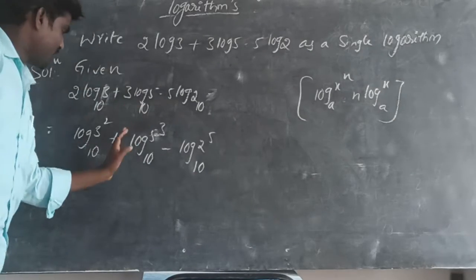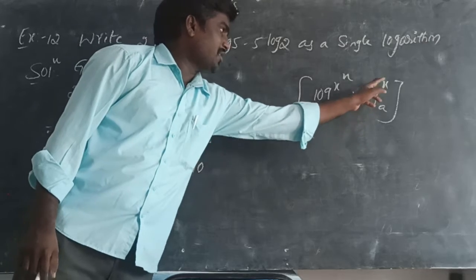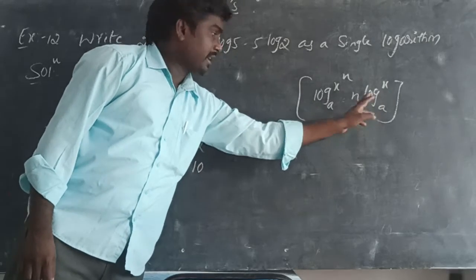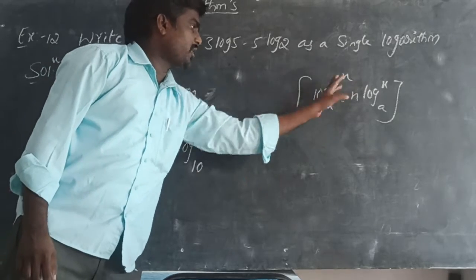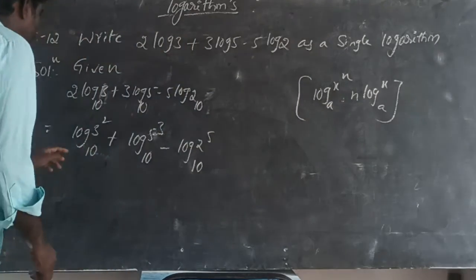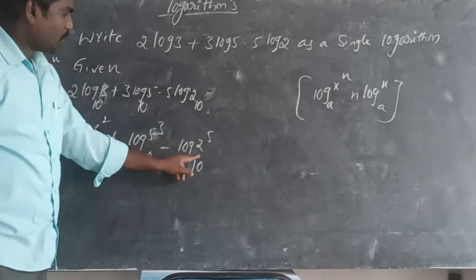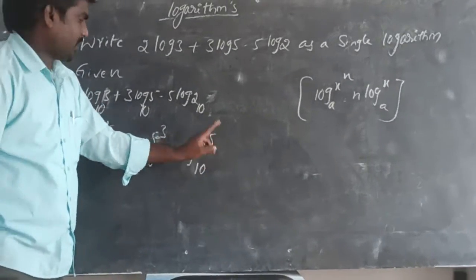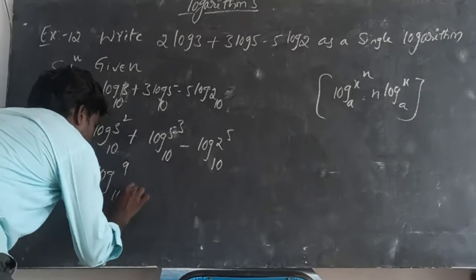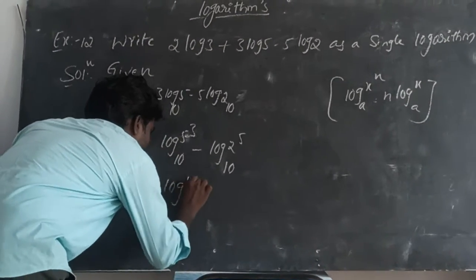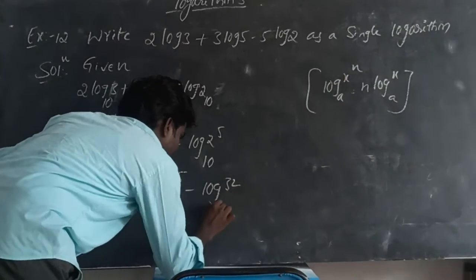Which formula can we use here? Log x power n base a is equal to n log x base a. 3 square how much? 9. 5 cube, 125. 2 power 5 how much? 32. So that is log 9 base 10 plus log 125 base 10 minus log 32 base 10.